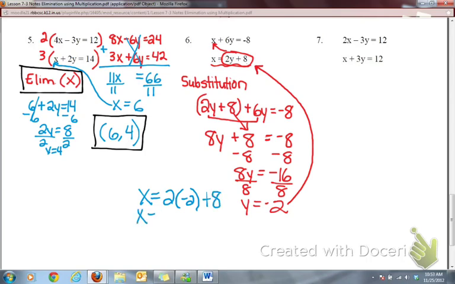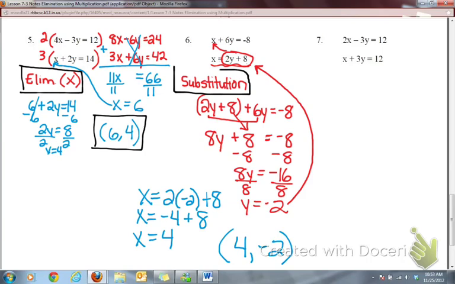So that means x equals negative 4 plus 8. So that means x equals positive 4 because negative 4 plus 8 is 4. So that gives me the ordered pair 4, negative 2. So the two parts to my answer officially are that I used substitution and the solution is 4, negative 2. If we graphed it, that's where those lines would cross.